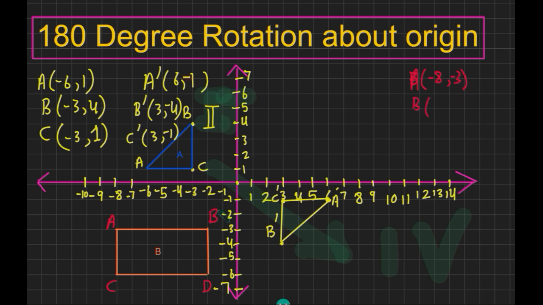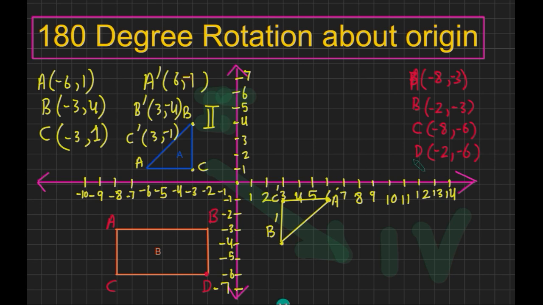B coordinates are -2 and -3. C coordinates are -8 and -6. And D coordinates are, you can see D is here, -2 comma -6.